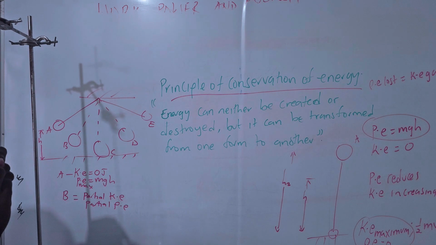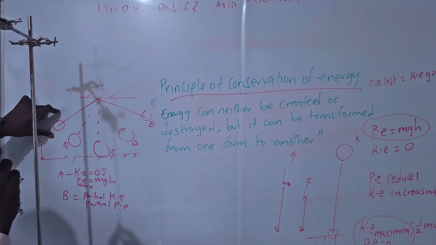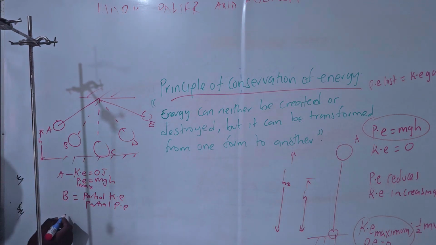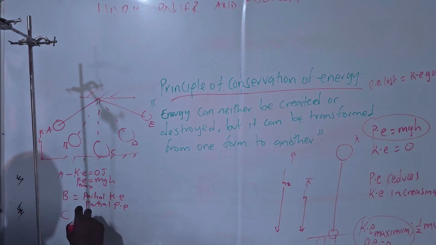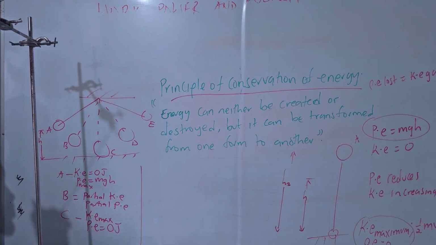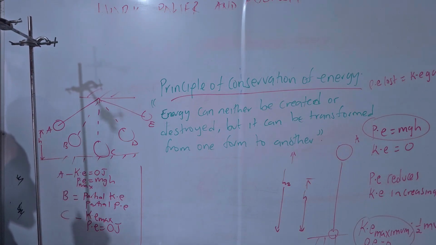The kinetic energy at this position is the same as the potential energy at point A. So all the potential energy at point A has been converted into the kinetic energy at point C. So at point C, it has maximum kinetic energy. It has the maximum speed there, but the potential energy is zero. Why is it zero? Because the height is zero. So as it moves from this position, its potential energy keeps on reducing as its kinetic energy keeps on increasing.